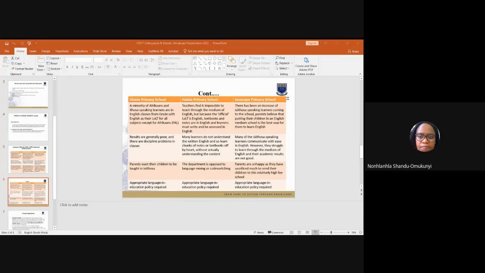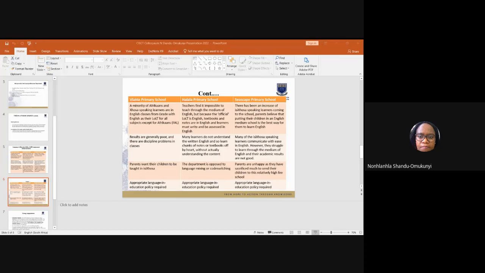So the task was that the SGB chairperson was supposed to present the PowerPoint slides with the names, surnames, and student numbers of the group, so that the SGB chairperson brings the current policy of the school for the different schools.